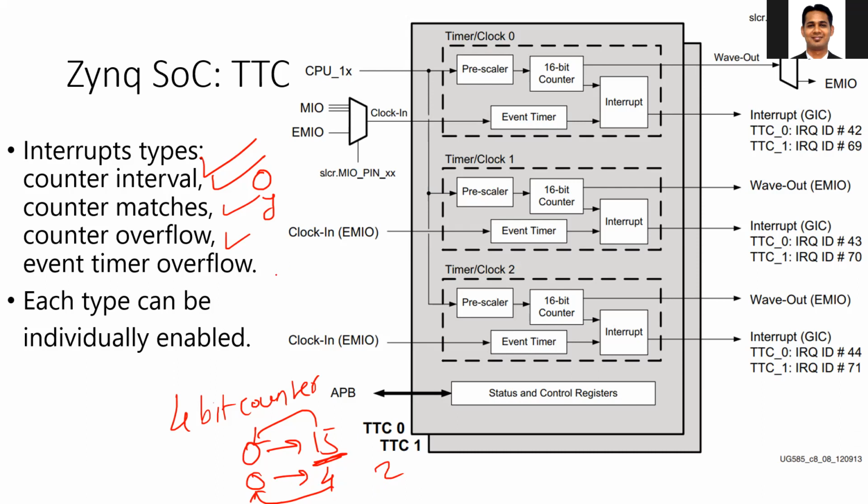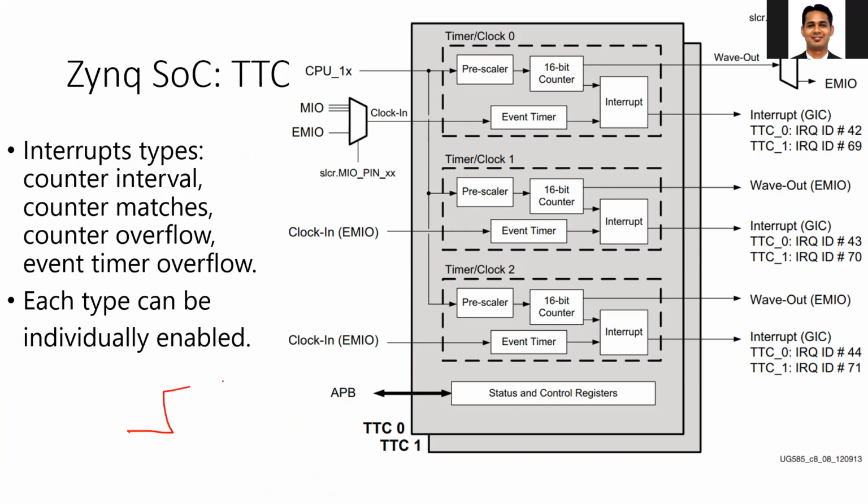And then it will also generate the interrupt when the event timer overflows. For example, as I told you, this timer can be used to calculate the pulse width. By using the register, you will know the value of the counter. But sometimes it may happen that the counter is not sufficient, and in between your counter will overflow, and then your pulse width calculation may go wrong.